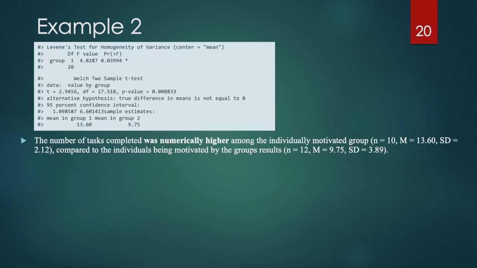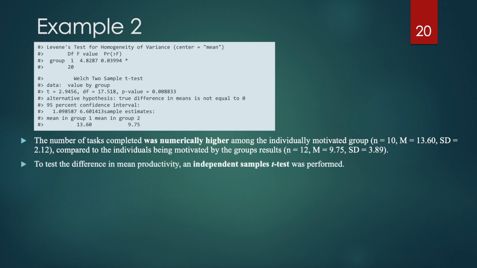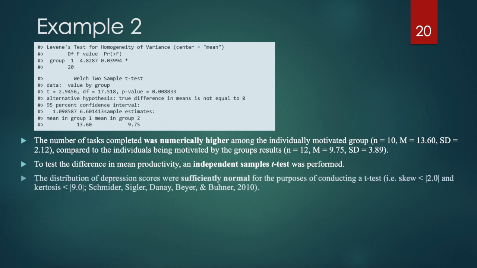If we wanted to put this into words, we could say the number of tasks completed was numerically higher among the individually motivated group compared to the individuals being motivated by the groups. To test the difference in mean productivity, an independent samples t-test was performed. The distribution of scores was sufficiently normal for the purposes of conducting a t-test. Again, I didn't show all this, but we did that.